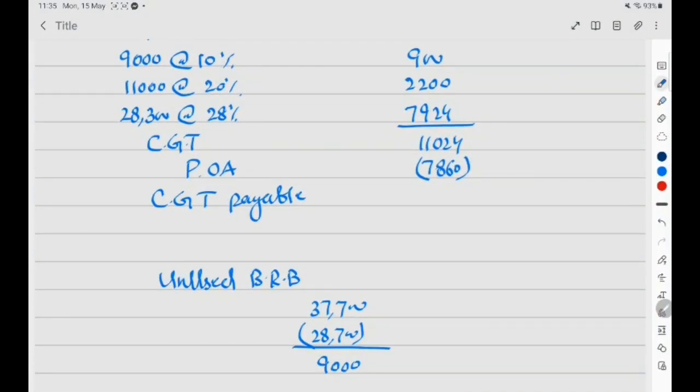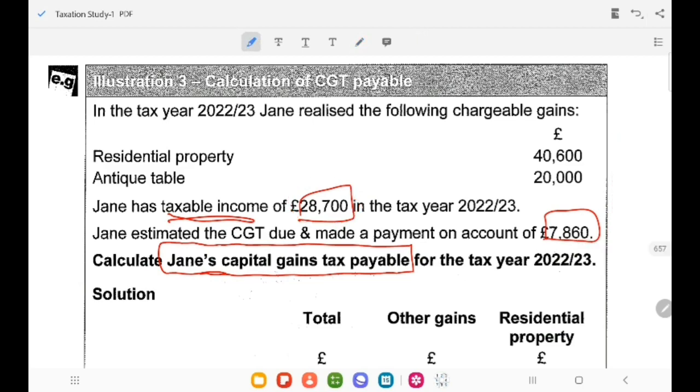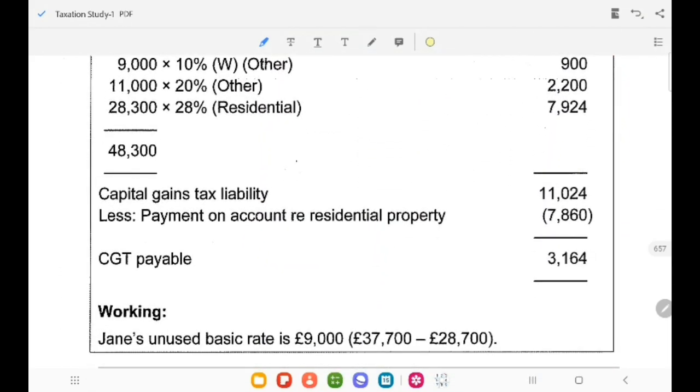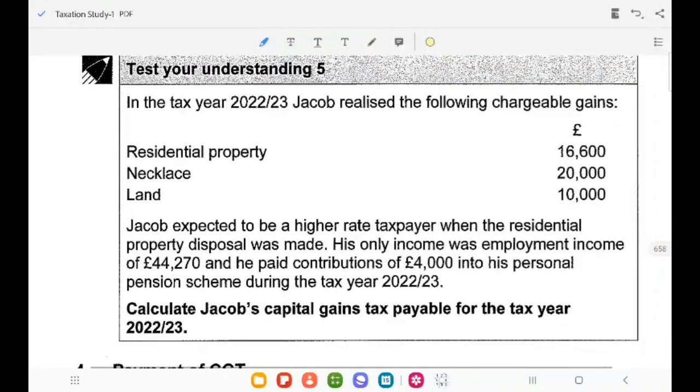So 3,164 is your tax payable. So this is how it will be presented, 3,164.